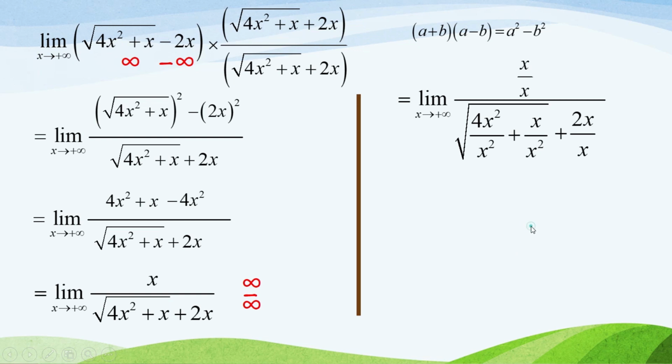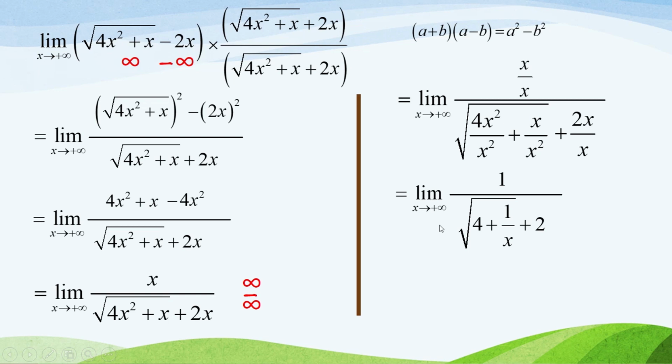The answer: x over x is 1, the square root of 4x squared over x squared gives the square root of (4 plus 1 over x), and plus 2.